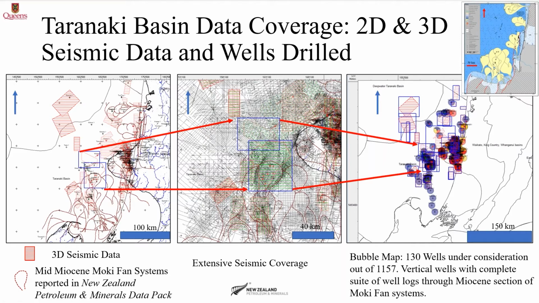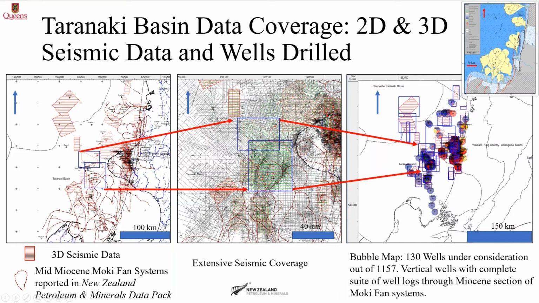We can see the 3D outline in blue, and the vast amount of 2D data set at the center that has a huge seismic coverage even beyond the limit of the mapped Moki Formation fan systems. That's my primary research objective: how we can further outline and, in a more detailed way, characterize the Moki fan system.